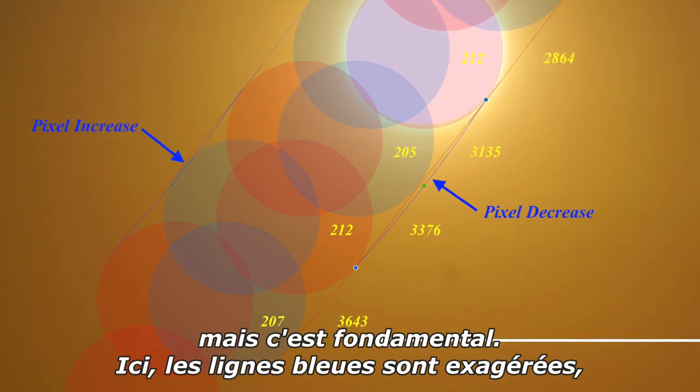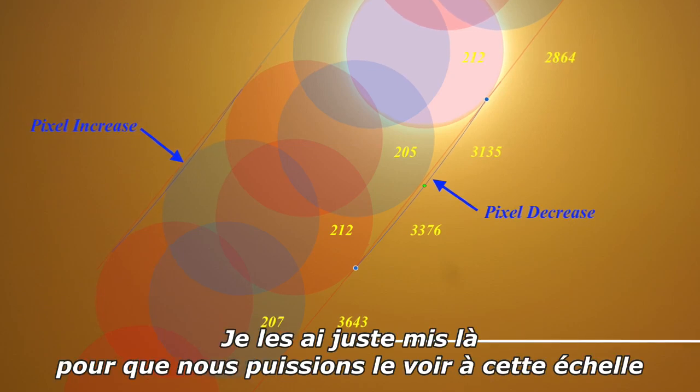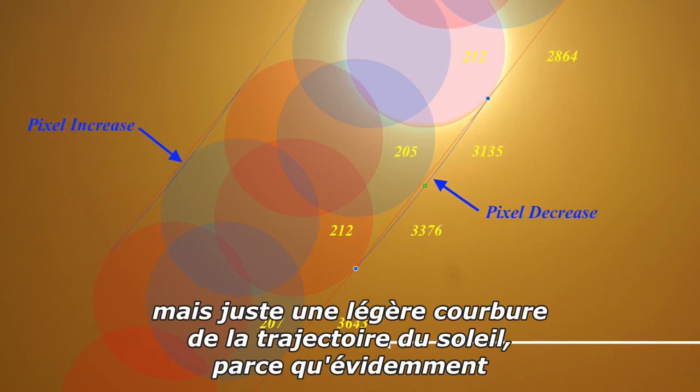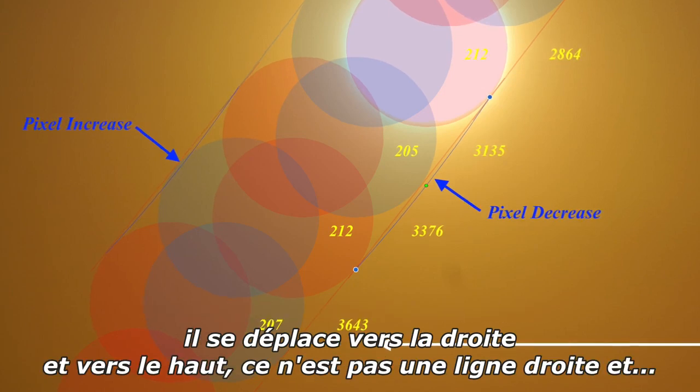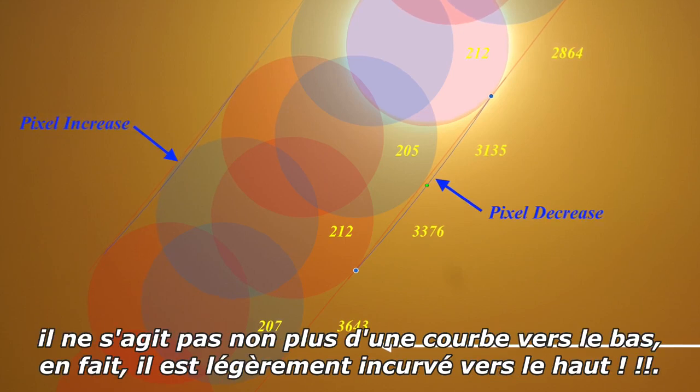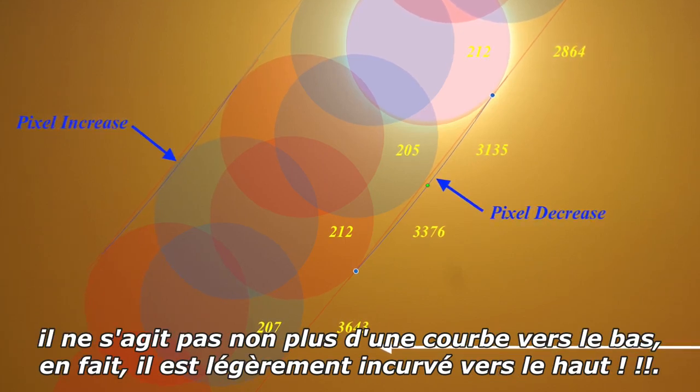Here the blue lines are exaggerated. I just put those in there so we can see it at this scale. But just a slight curvature of the path of the sun as it obviously moves towards the right and up. It's not quite a straight line, and it's not curving down either. It's actually curving up slightly.